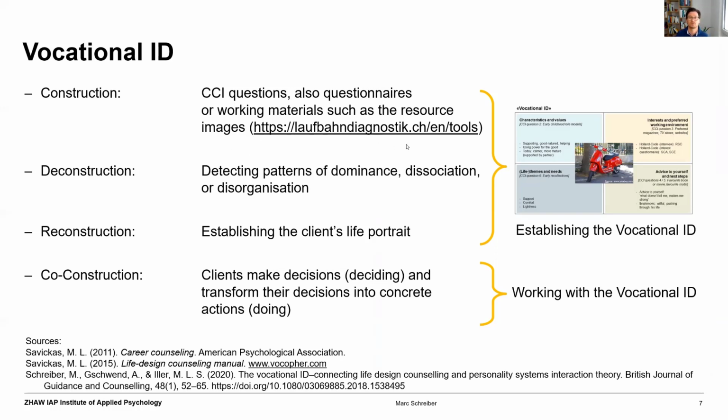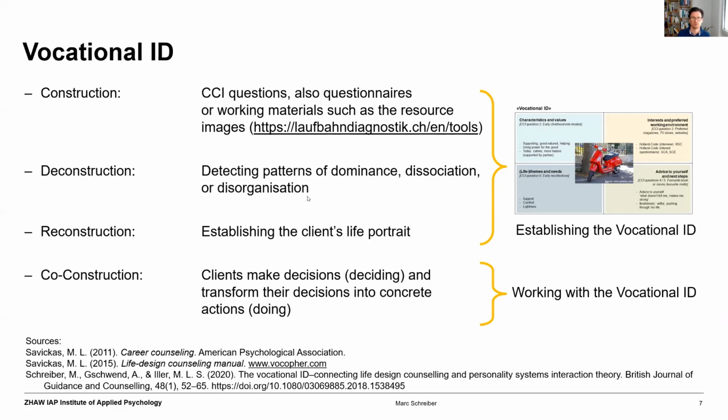Here you have the link to the resource images, but I will come back to those images later on. So this is the construction phase where people just tell their stories, their micro stories.